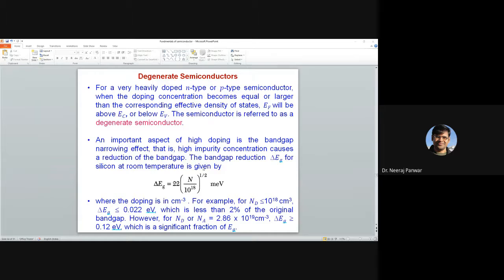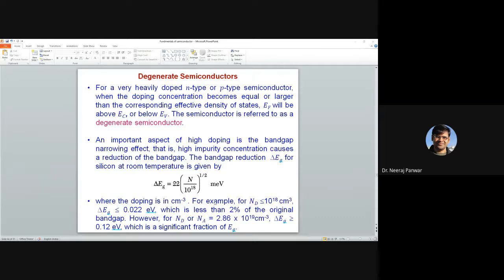The reduction in band gap is given by this formula, delta Eg, the difference between the band gap before doping and the band gap after heavy doping. Delta Eg is equal to 20 times the square root of N divided by 10 to the power 18, in milli electron volt. N here represents either the donor concentration or the acceptor concentration.